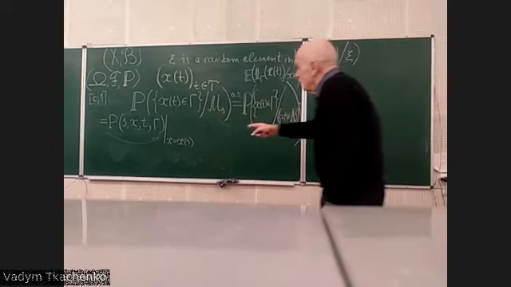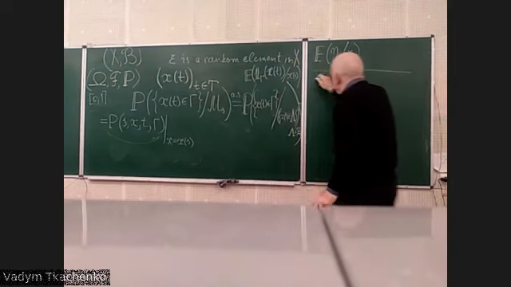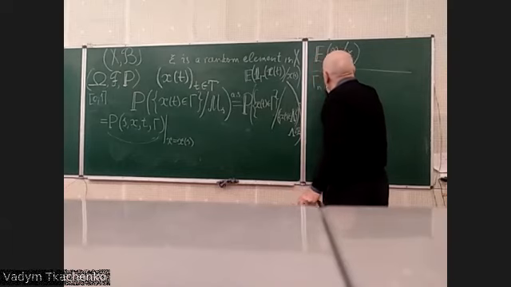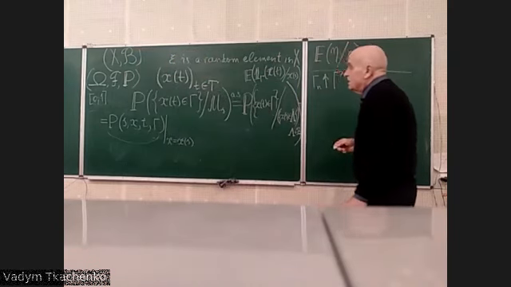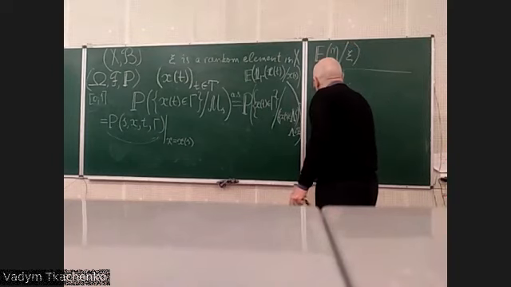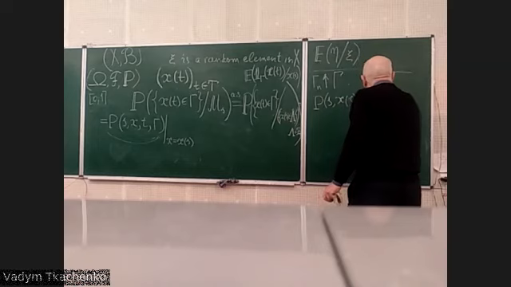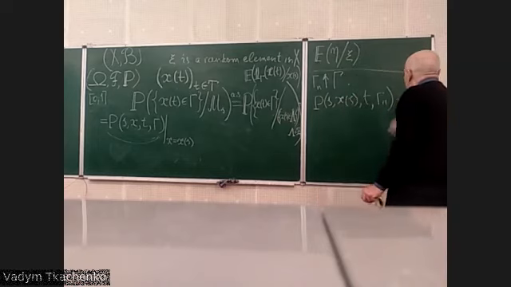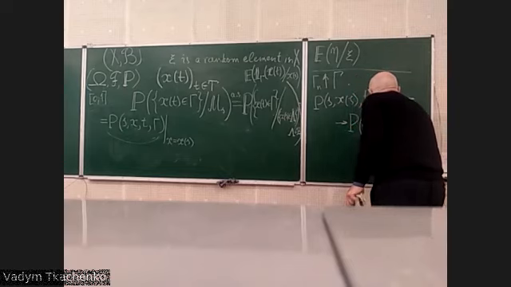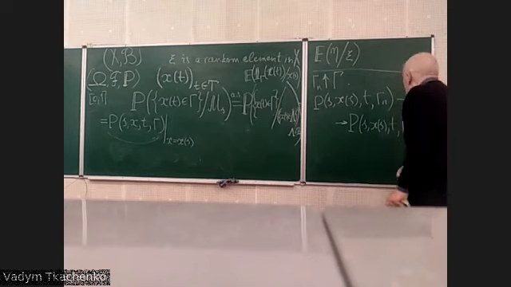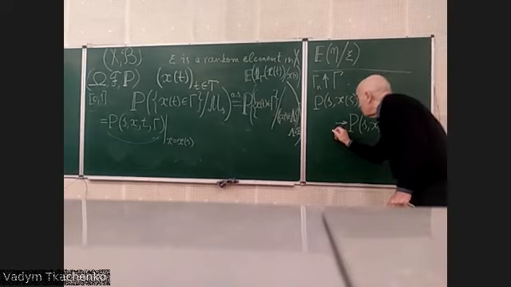You see, it is evident that if we have some sequence gamma n in this space, and we consider the conditional probability of x of t in gamma n given x of s, then it tends to p s x of s t gamma as n goes to infinity almost surely.